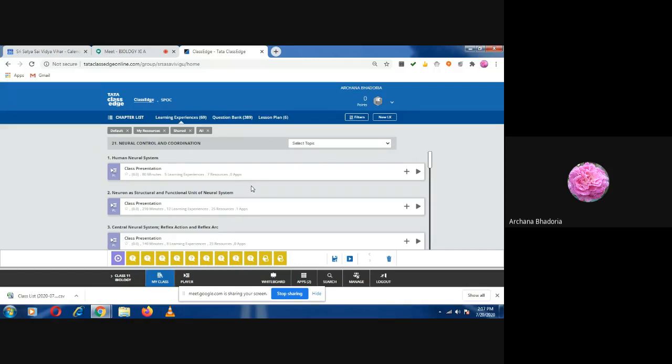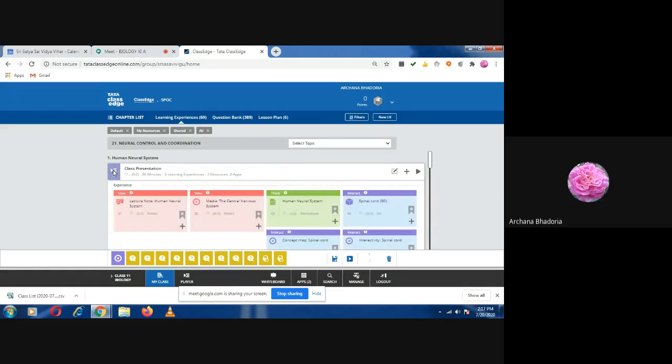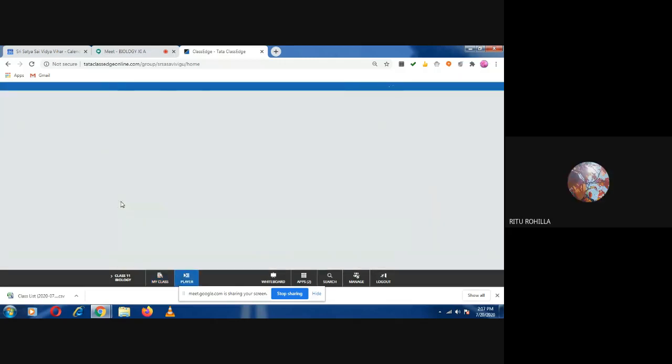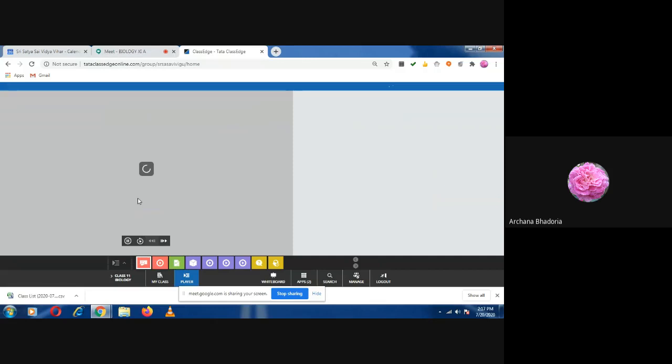I want someone to tell me what are the components of the nervous system. The brain. Second component, spinal cord. Number three component, nerve fibers.